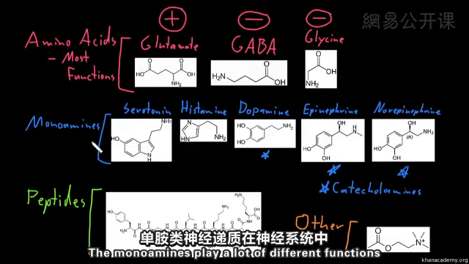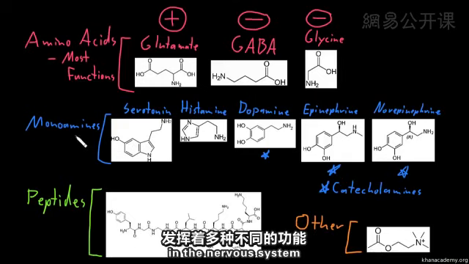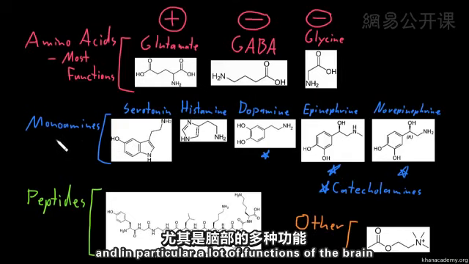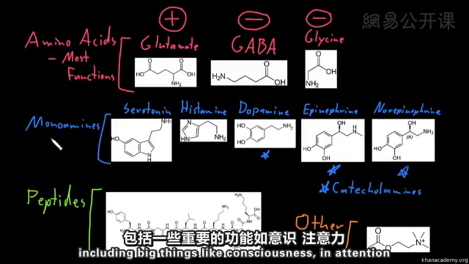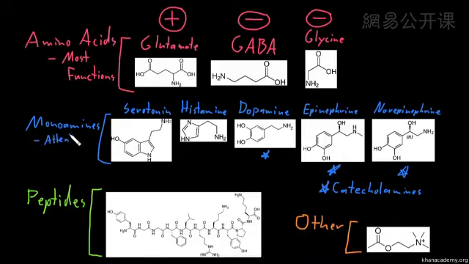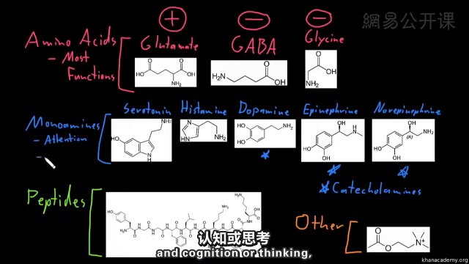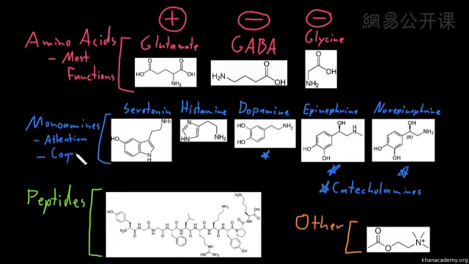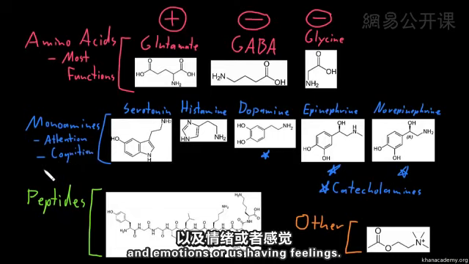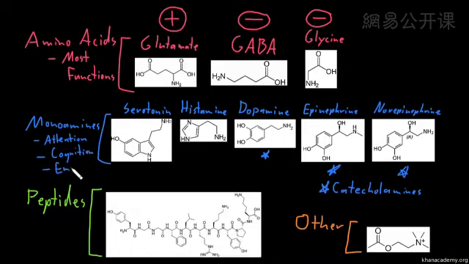The monoamines play a lot of different functions in the nervous system, and in particular a lot of functions of the brain, including big things like consciousness and attention and cognition or thinking and emotion or us having feelings.